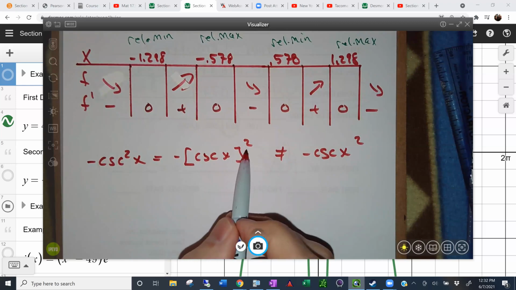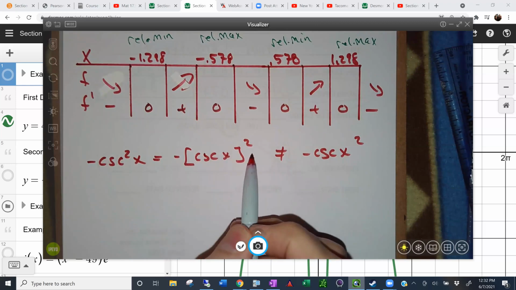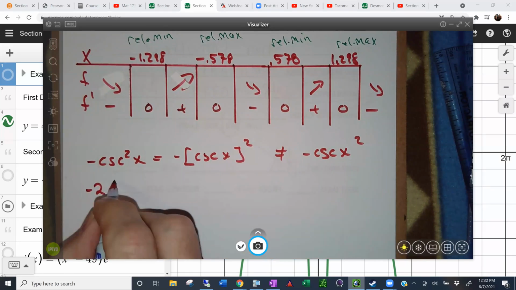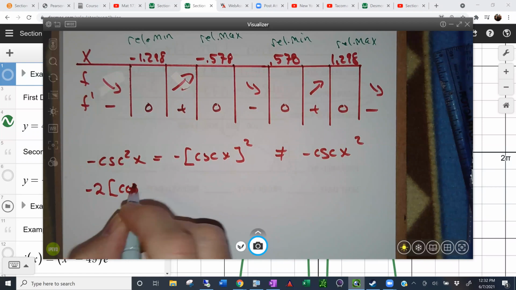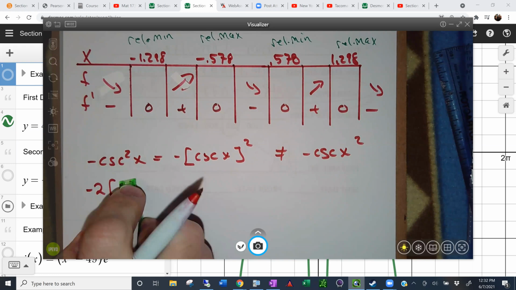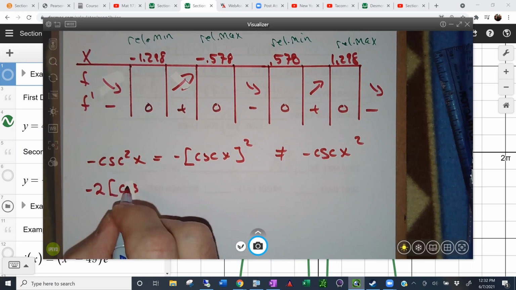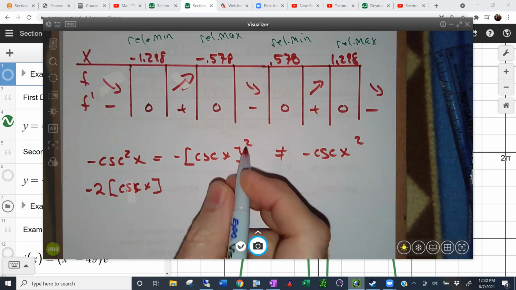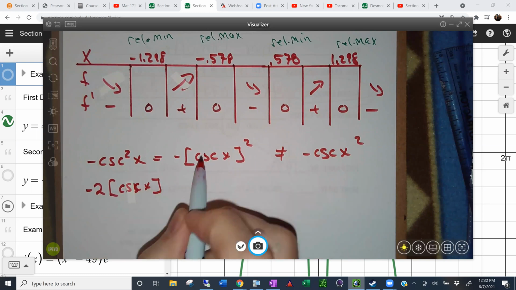Now, to differentiate this, you have to use the chain rule. So the 2 is going to come out front. I'll get negative 2 times cosecant of x to the first power, which I'm not going to write, times the derivative of the inside.